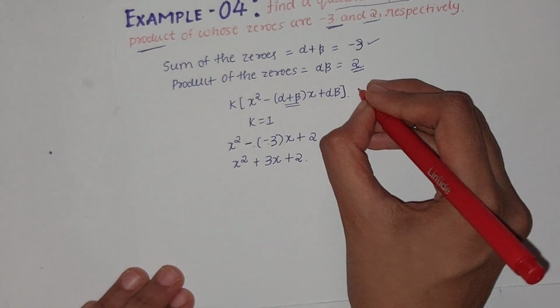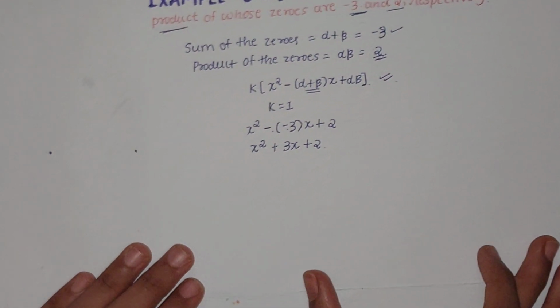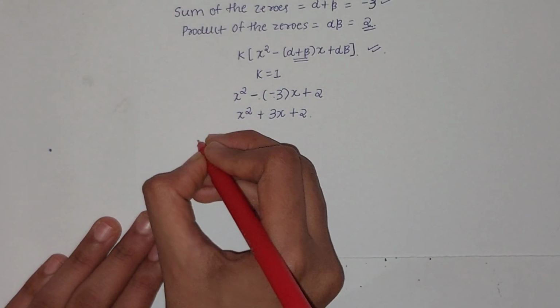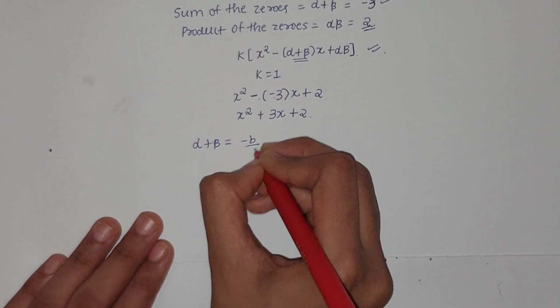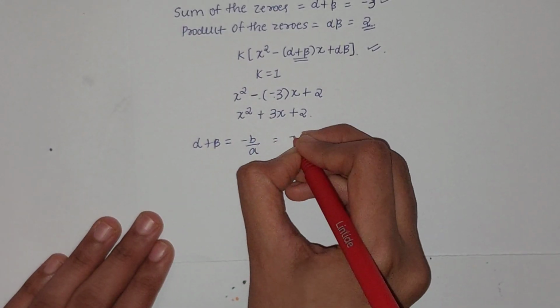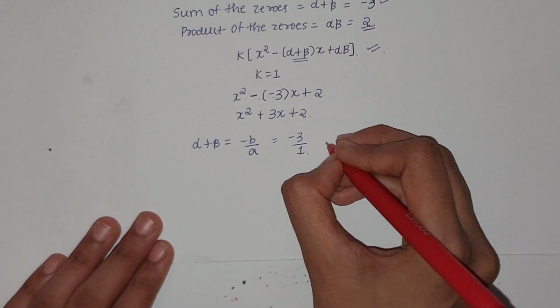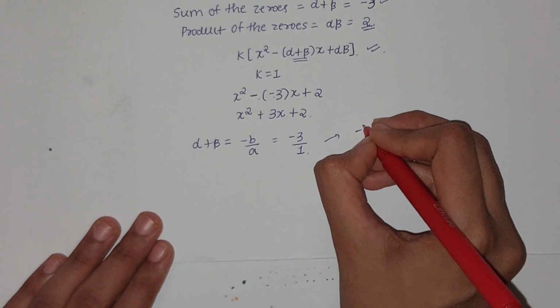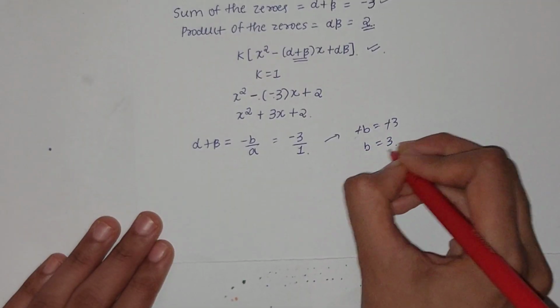So this is one way to do it. And the other way to do it, I'm giving you the second method. Alpha plus beta is equal to minus b by a, which is -3 by 1 we have. Which means minus b is equal to -3. So minus gets cancelled, so b is equal to 3.